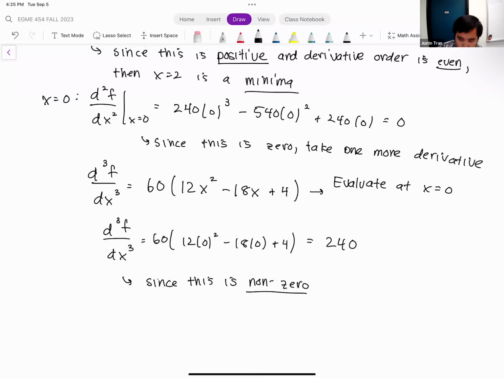And so since we got a non-zero result and our derivative order here is odd, so we're on the third order derivative, that means x is equal to 0 is neither a max nor a min, it's a saddle point.